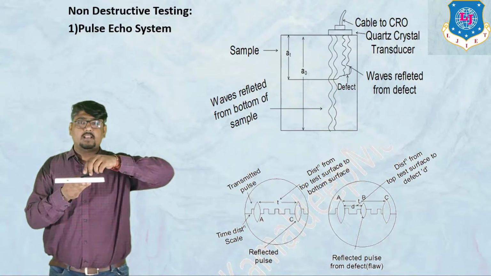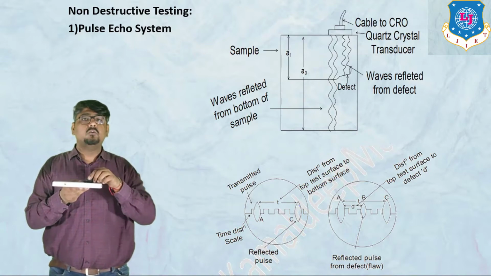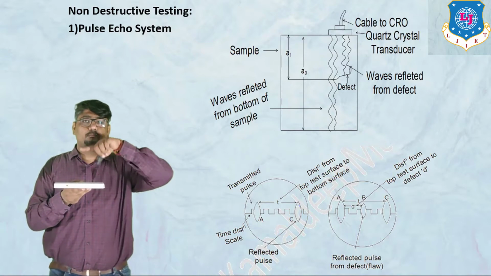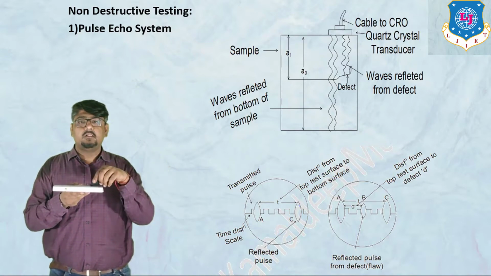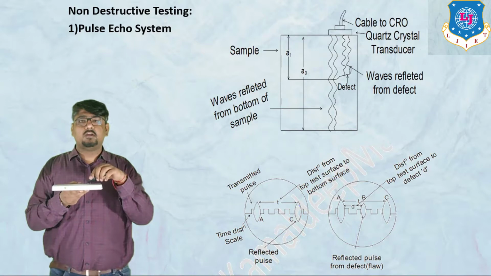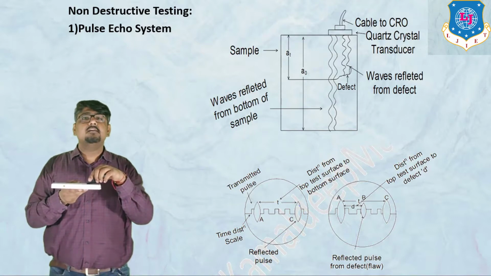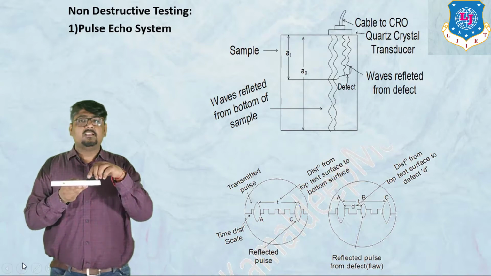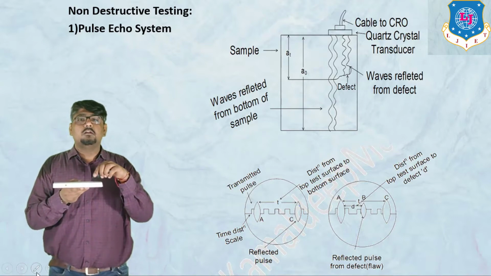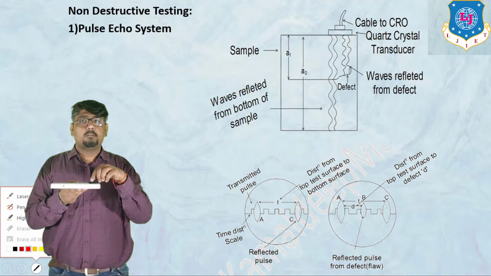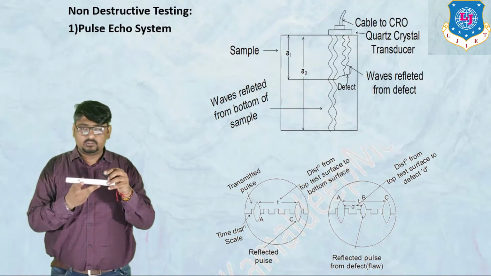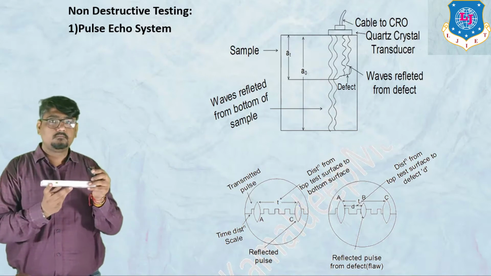and move it forward like this, if there is no defect, then you can see the peak or a pattern will be generated at position A and C. But if there is a defect, I have shown it over here.